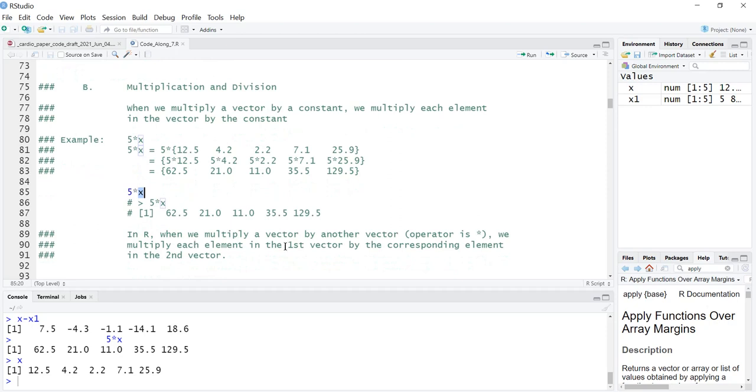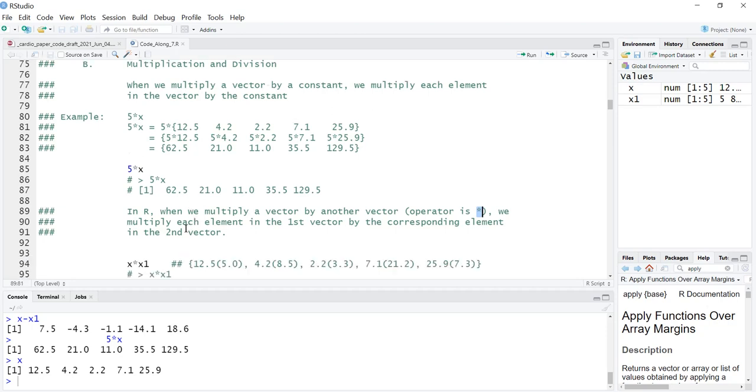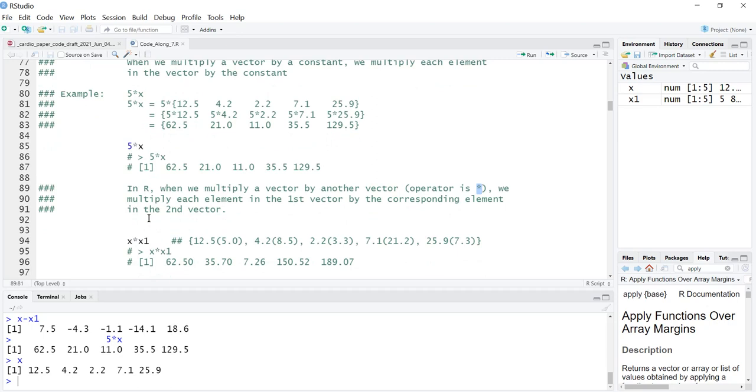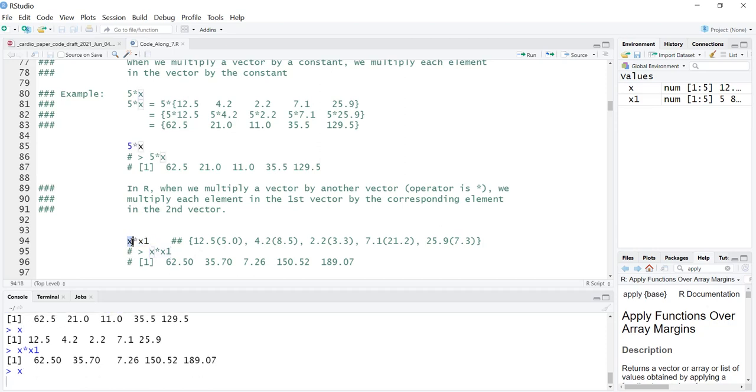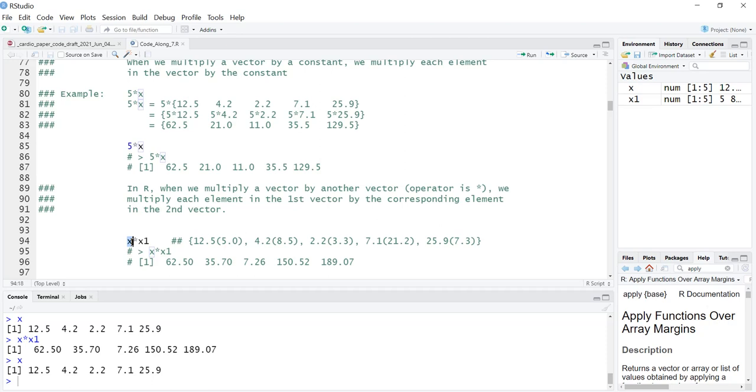Now, if we use the asterisk, the multiplication operator, for multiplying two vectors, then it's going to multiply the corresponding elements in each vector times each other, okay? Again, in math, this is not something we usually do. So if I take x times x1, x is 12.5, 4.2, 2.2, 7.1, and 25.9.